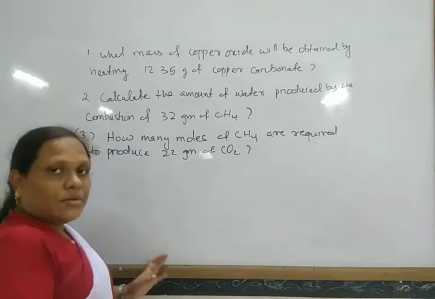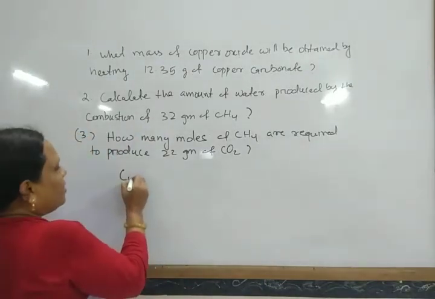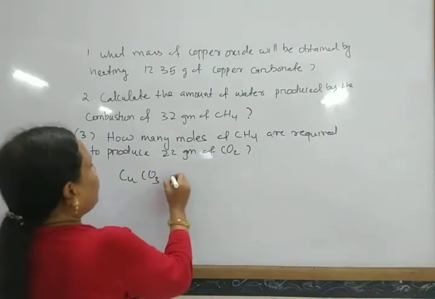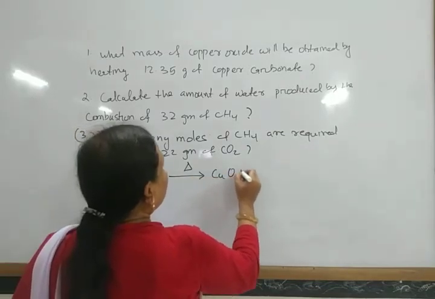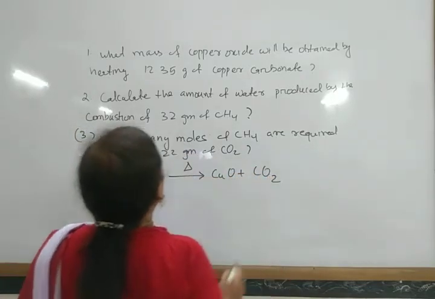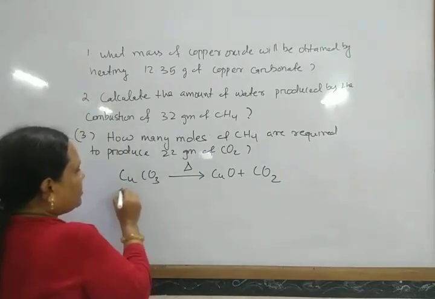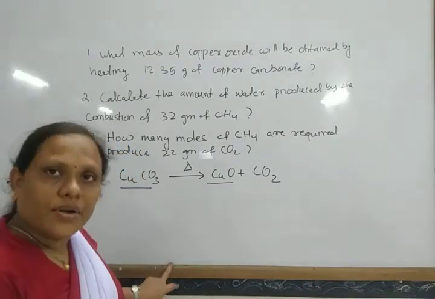So first write down the balanced equation for that. Copper carbonate CuCO3 on heating gives CuO plus CO2. Next, mass is given, so copper carbonate is given and we are asked about copper oxide.